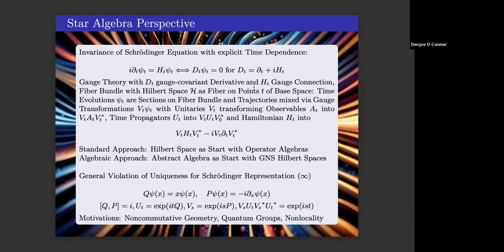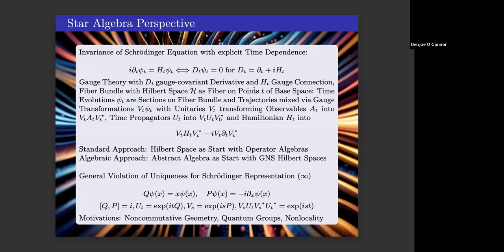I just picked some. If you look, for instance, just at the Schrödinger equation, you can rewrite this, and then you could define this gauge covariant derivative. And this is basically just like a non-Liouvillian gauge theory, where now you have a fiber bundle where the Hilbert spaces are fibers on the points t, which parameterize your time, which is the base space of the fiber bundle.